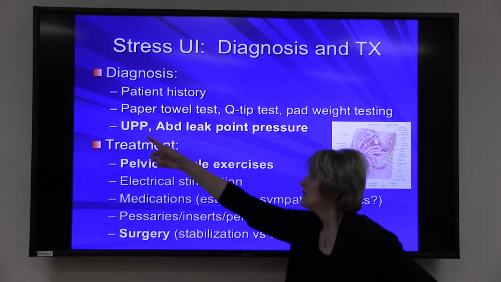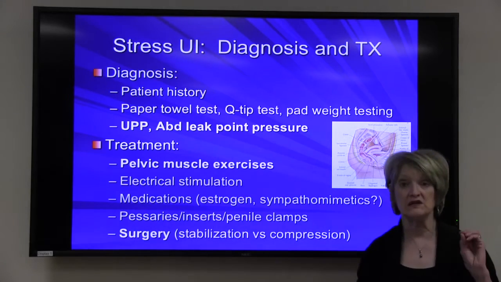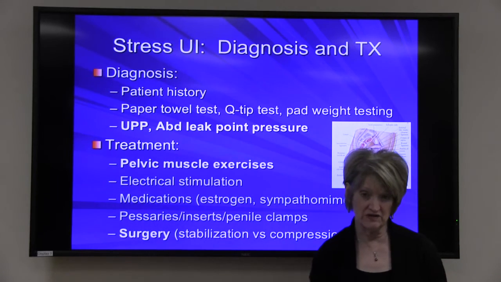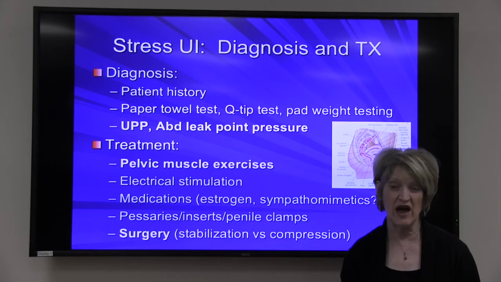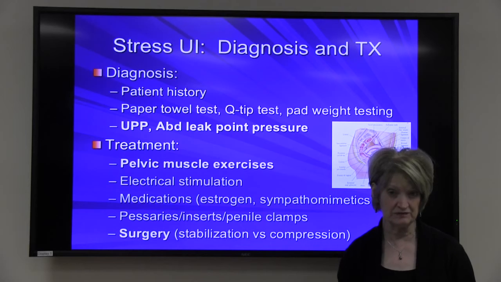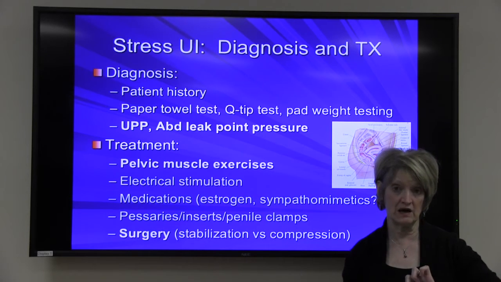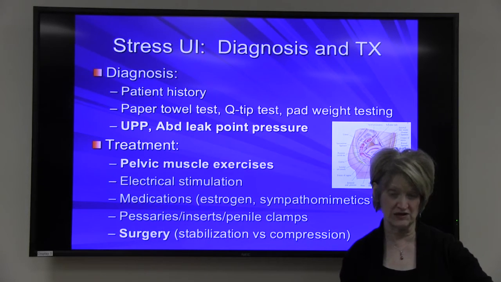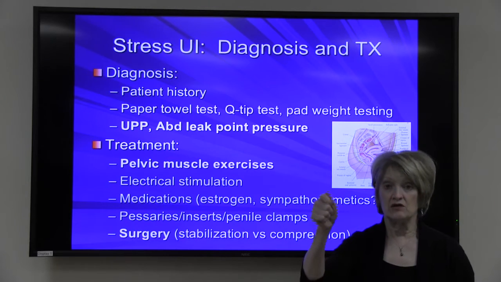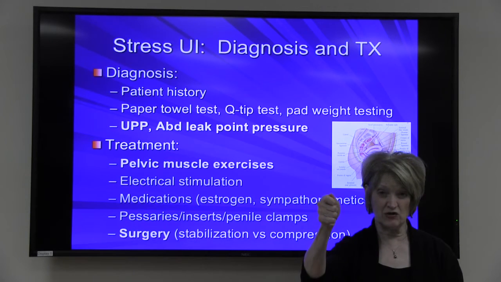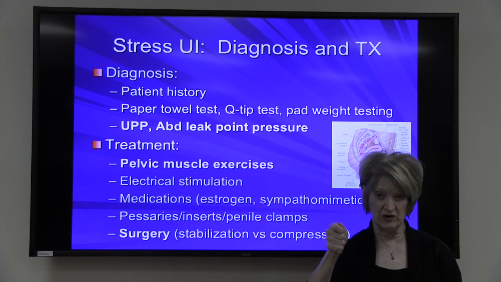Notice in bold, if you want a definitive diagnosis of sphincter dysfunction, you have to do urodynamic studies, which involves filling the bladder, putting in a catheter that is pressure sensitive, and pulling it through the urethra.